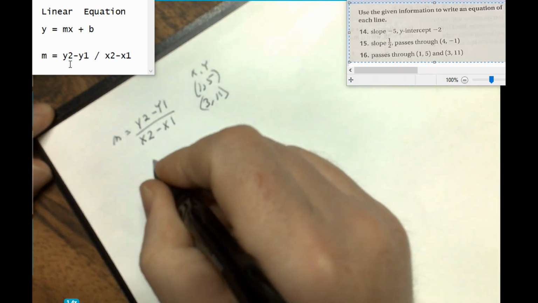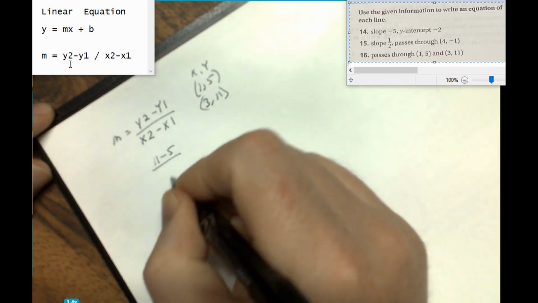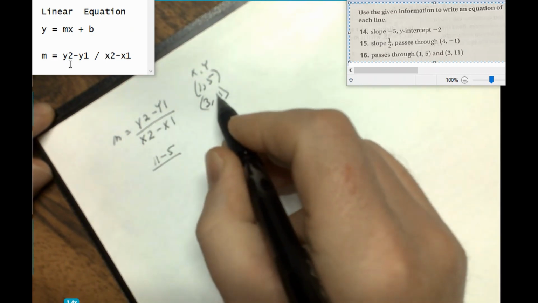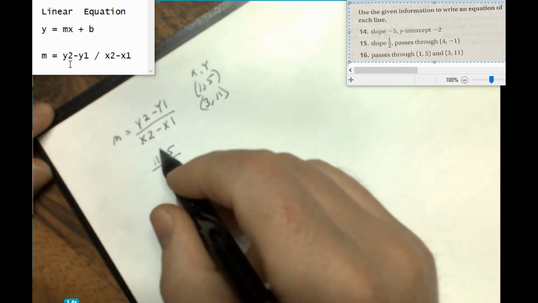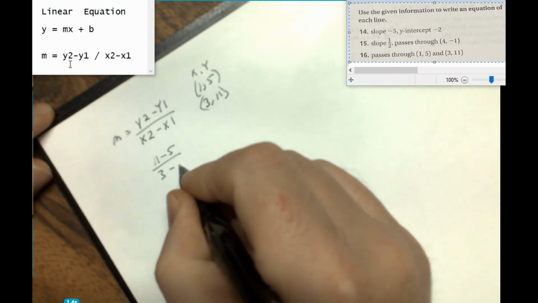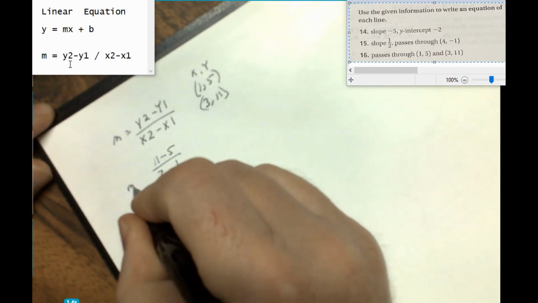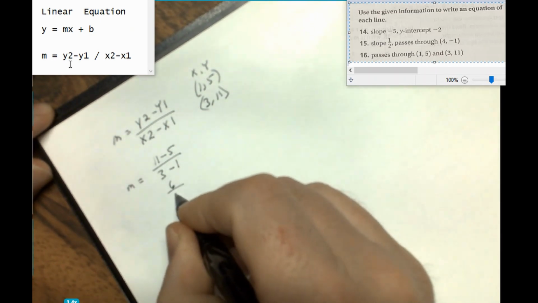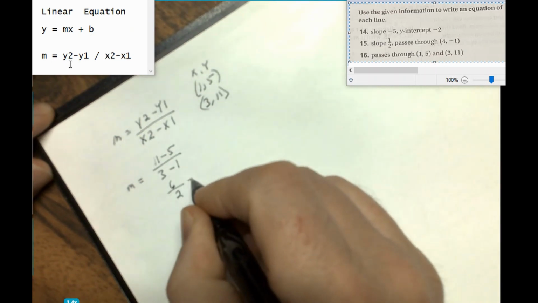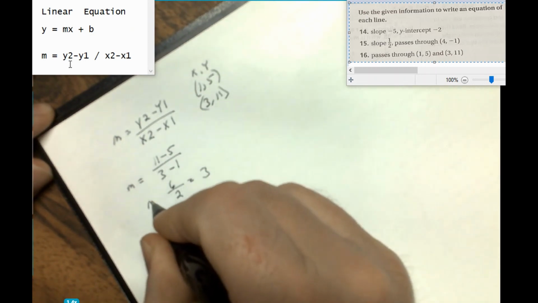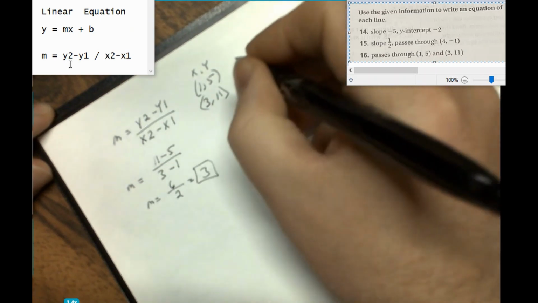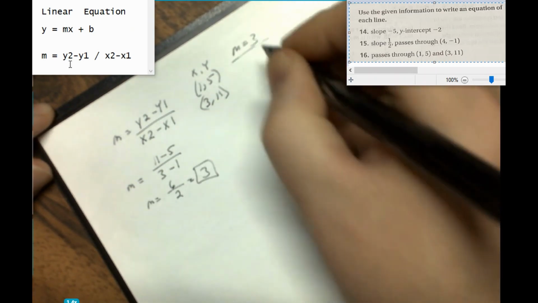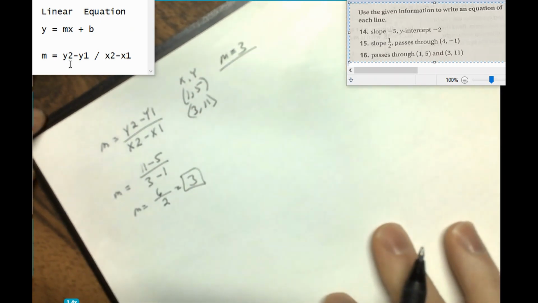So let's go ahead and do that. We basically are saying y2 and y1, and we are also saying x2 and x1. Work these out, we get 6 over 2, which ends up being 3. So our slope is equal to 3. That's our first part of it.